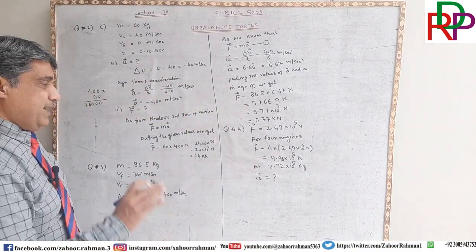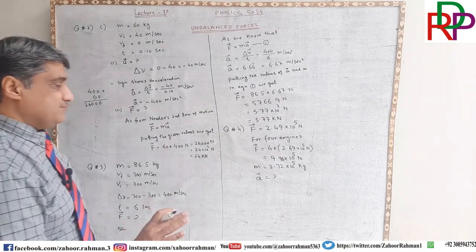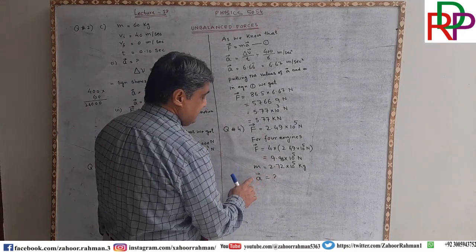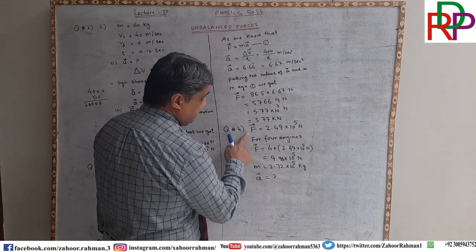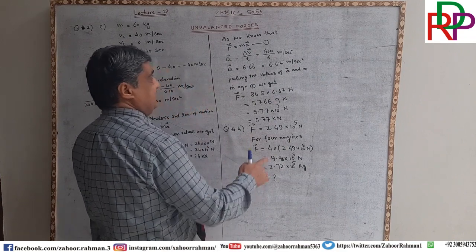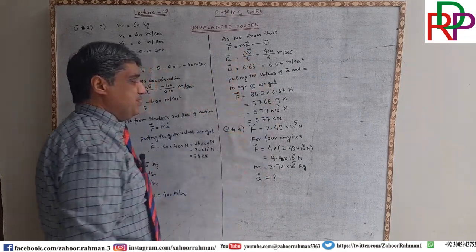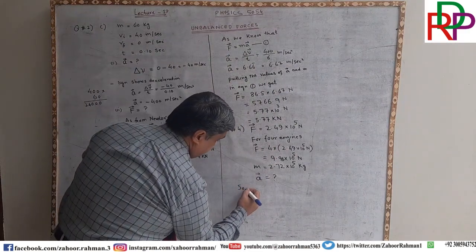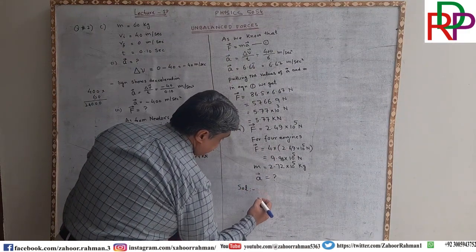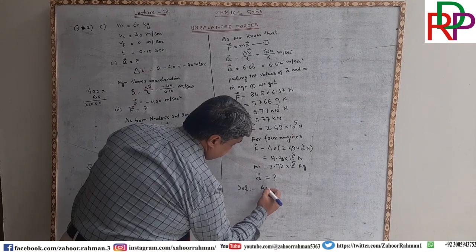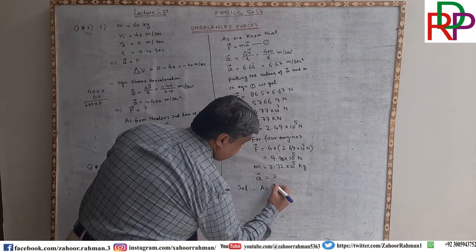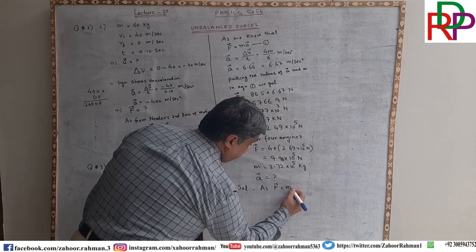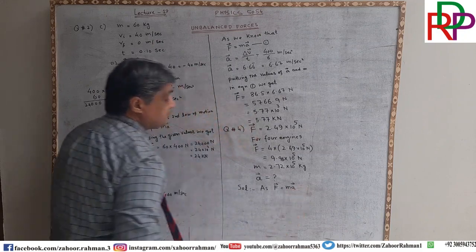Ladies and gentlemen, by looking at the first glance, we say F is there, M is there, A is there. So it means we have to use the Newton second law. Here we are solving this as F is equal to MA.